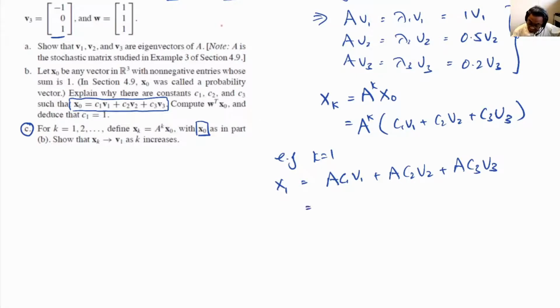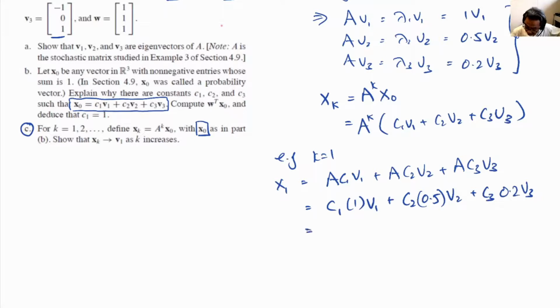So we replace this with c1, and then A times v1 is 1 times v1, plus the second one is c2, A times v2 is 0.5, which is the eigenvalue, times v2, plus c3, and the last one is 0.2 times v3.